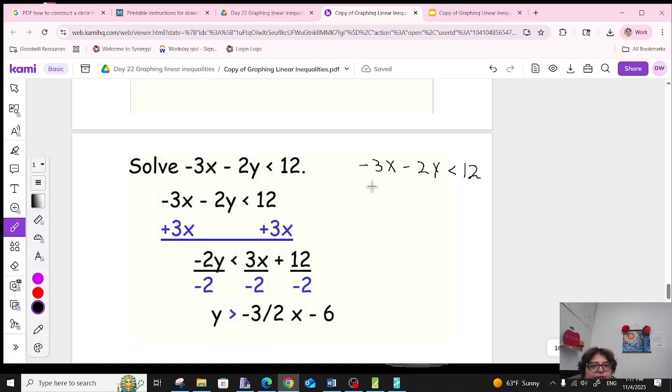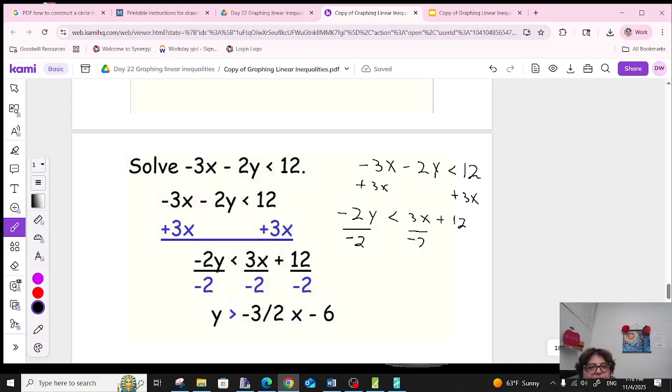Okay, first step to solve for y, I'm going to add 3x to both sides. I get -2y is less than 3x plus 12. I use plus because 12 is positive. I'm going to divide by -2.